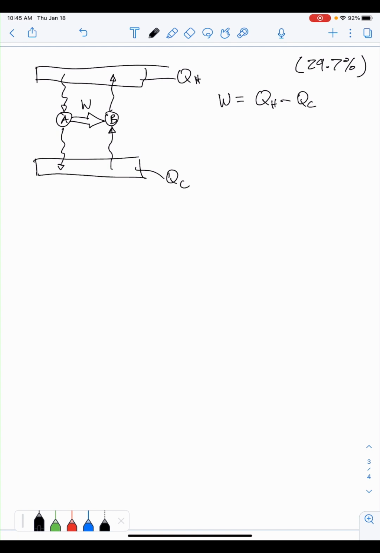Okay, so let's talk about the efficiency values for both systems, because what this problem is trying to get to is the relationship between these two efficiency values. So let's start off with the power cycle, which is system A. The efficiency is based on the work that's able to be done based on the inputted energy, which in this case is the hotter reservoir.